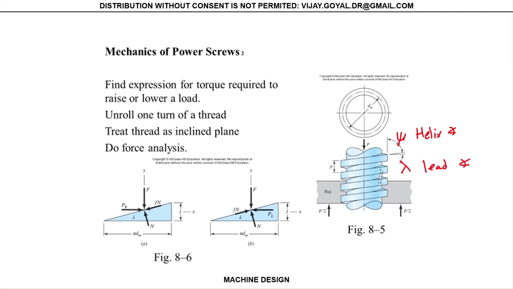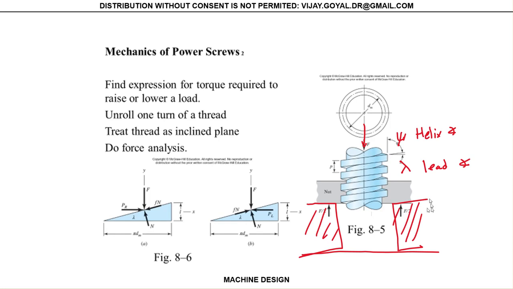Basically, this is resting on something, and here you have the surface, and then you have all this load applied here. This is equally distributing your load on both sides, and that helps our analysis.